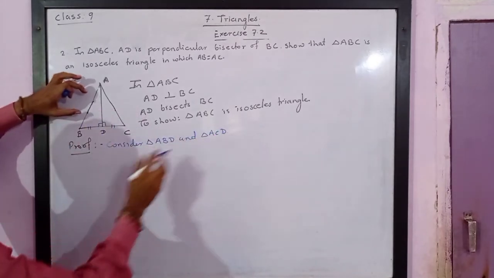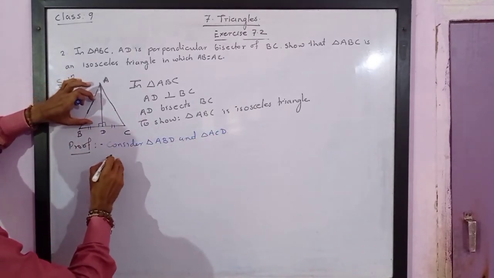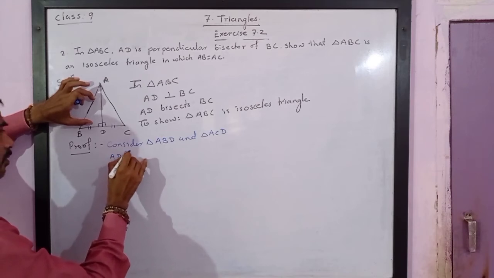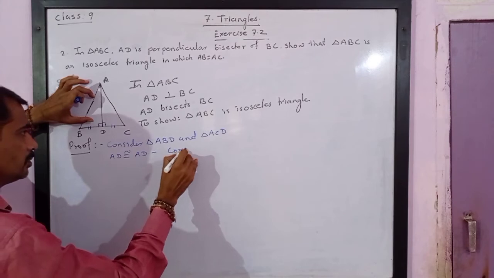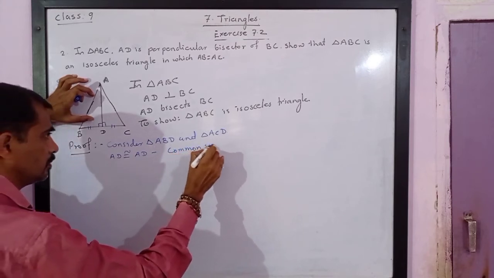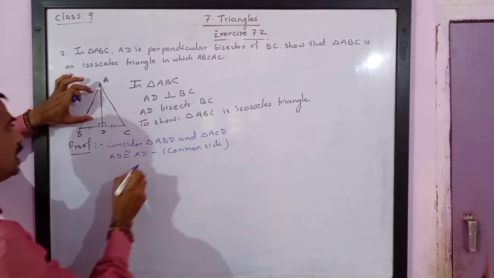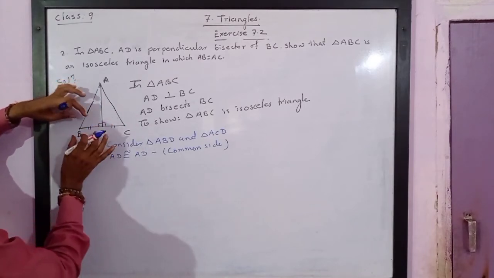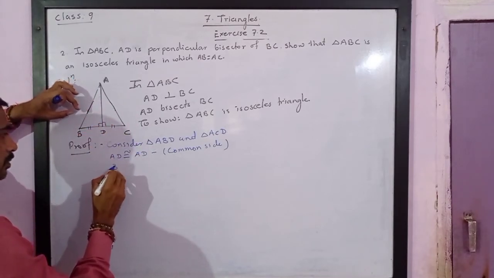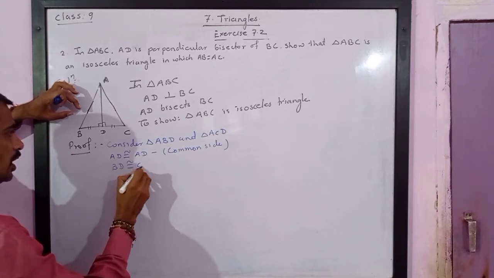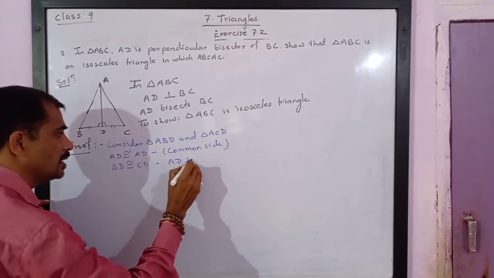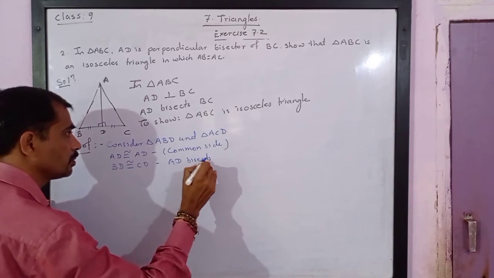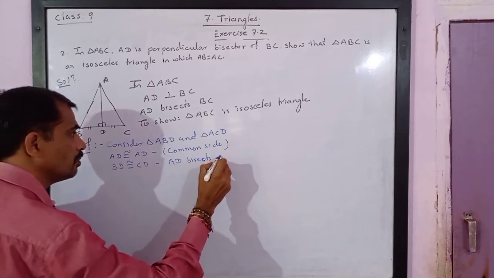So in triangle ABD and ACD we have AD is congruent to itself, that is common side. Then you can take BD is equal to CD. BD is congruent to CD. Reason is AD bisects BC.